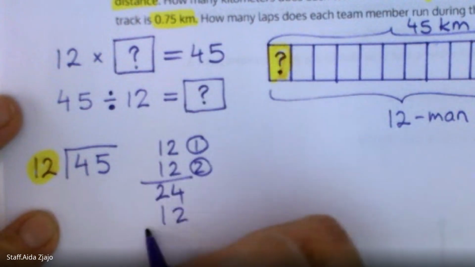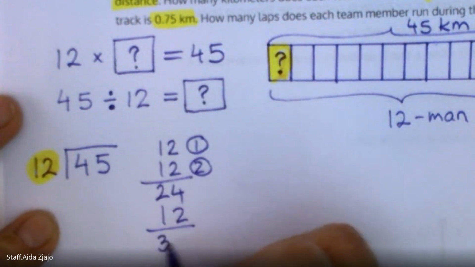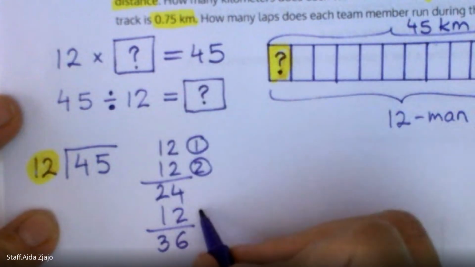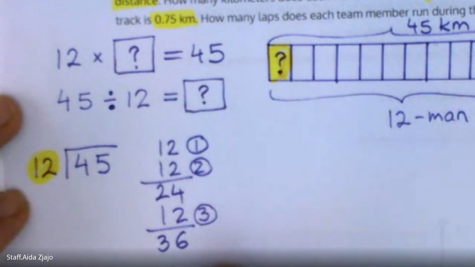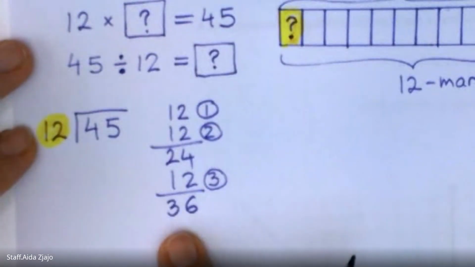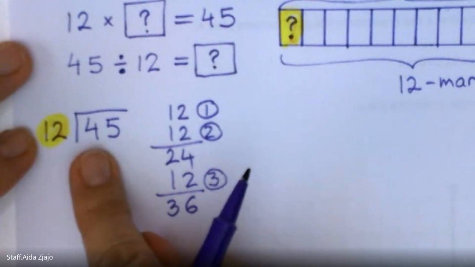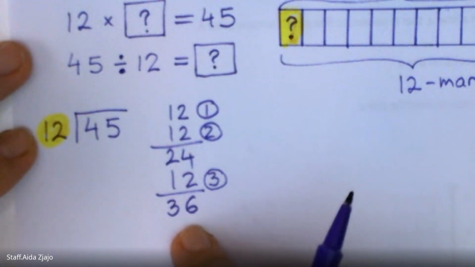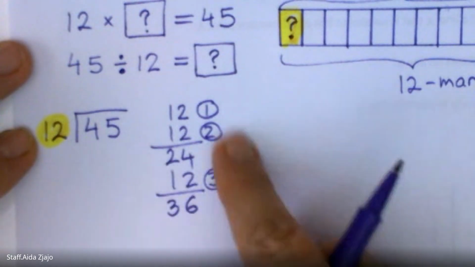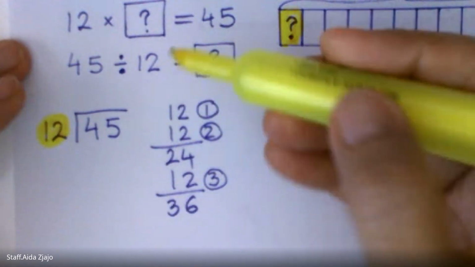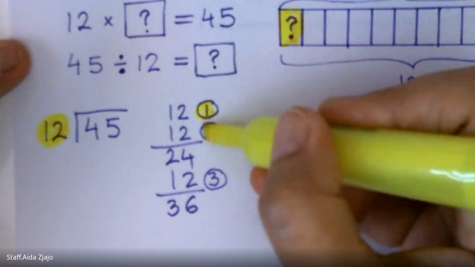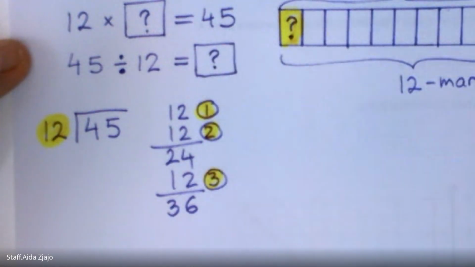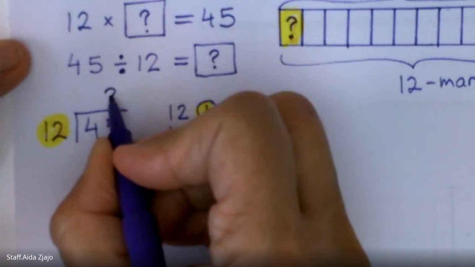If I add 12 more, that would be 36. Okay, if I add 12 more, it will be above the 45, it would be 48. So in 45, we have three groups of 12.